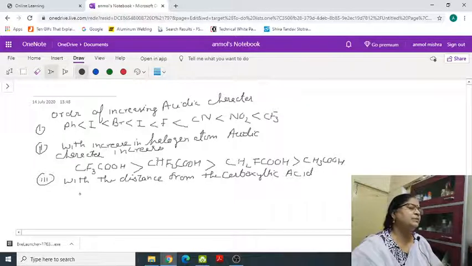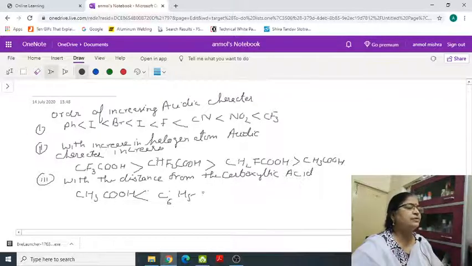For example, CH3COOH is less than C6H5CH2COOH.